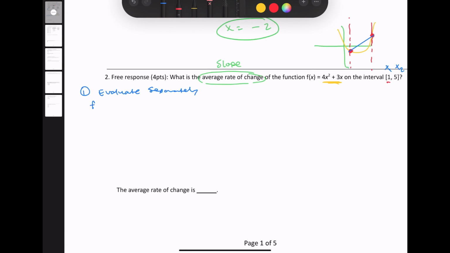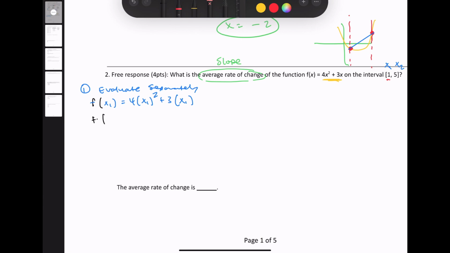So f of x1 value. I'm just going to repeat it because we're going to do that for your next one. Whoops. That didn't work. All right.